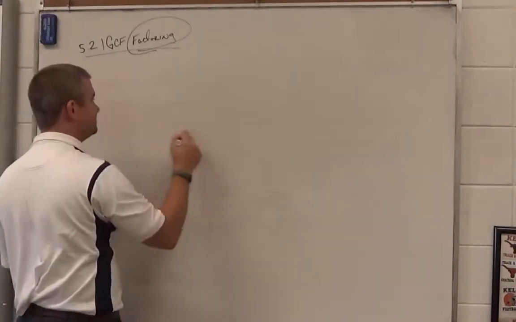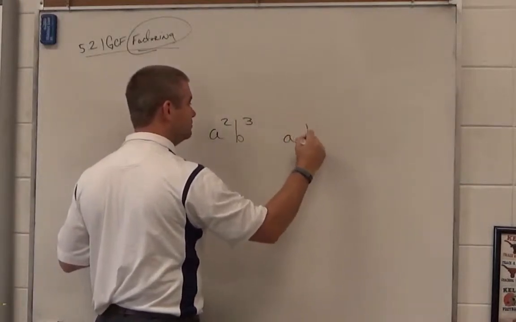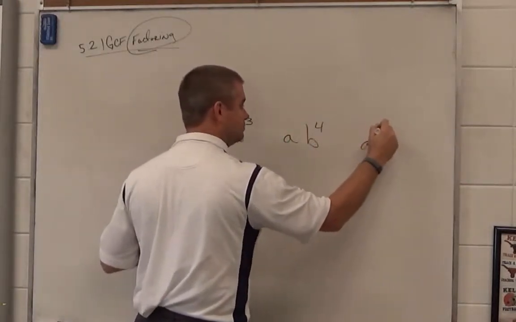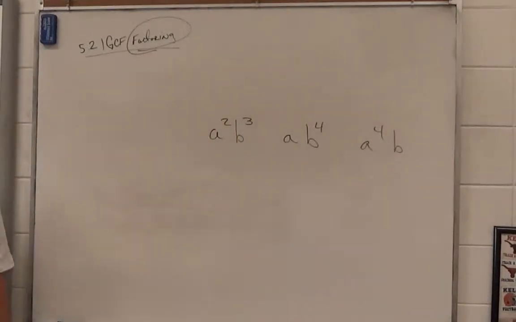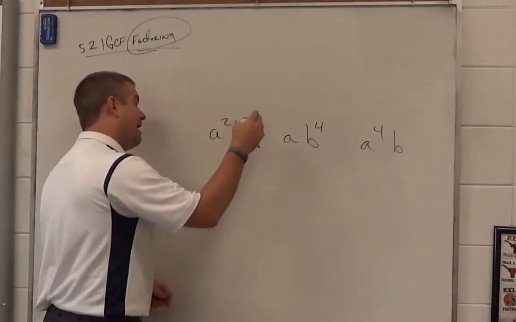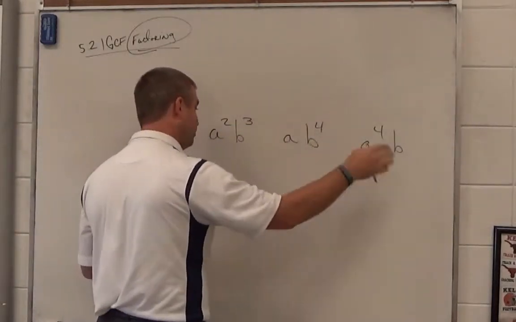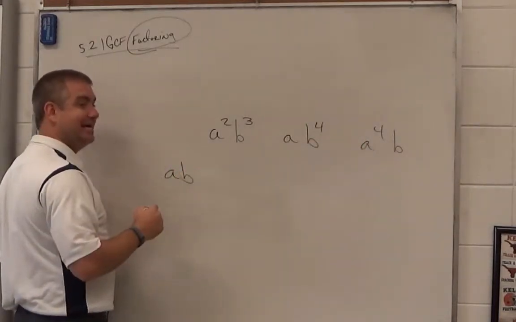How about this one? Those are 3 different terms. What's the GCF of those 3 terms? What's the greatest value? Well, we've got a squared b cubed, a b to the 4th, a to the 4th b. What do they all have? They all have an ab in common.